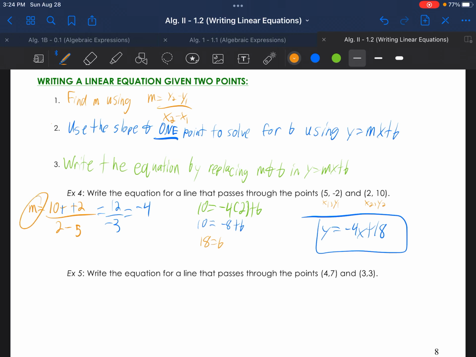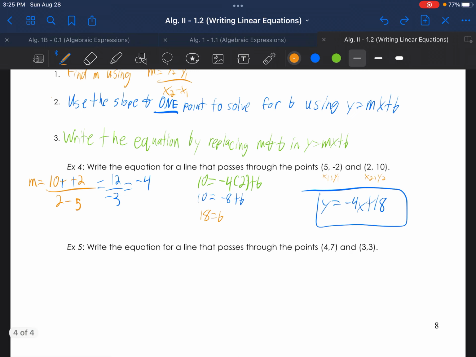So we first found the slope using the formula y2 minus y1 over x2 minus x1. Then we found b using either of the points, but just one, as well as the slope, just like we did before, and plugged them into our y equals mx plus b and solved. Then finally, we were able to use the m and the b and put them in our final equation.